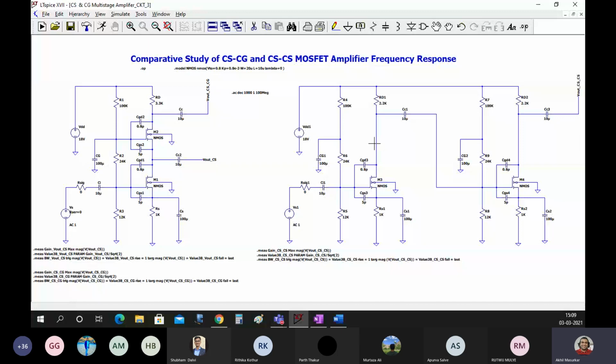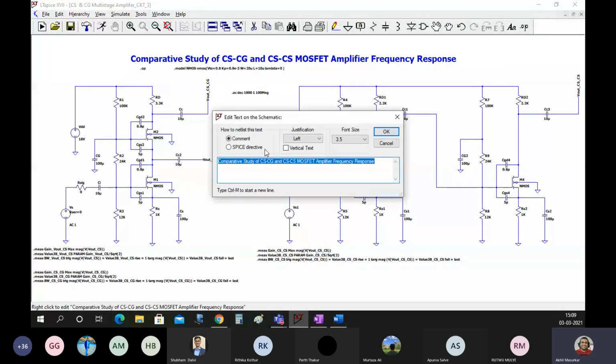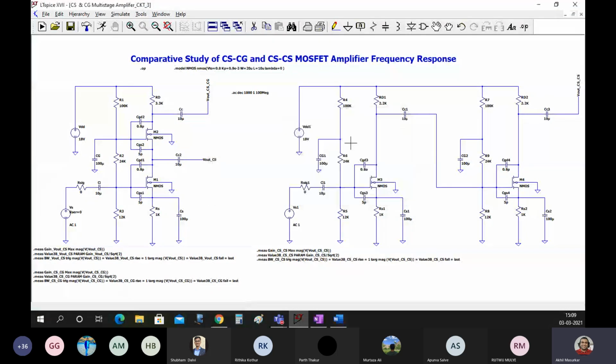So we have to match the gains of the CS-CG amplifier and the CS-CS amplifier, and because of that I have reduced the gain of each stage in the CS-CS such that the overall gain of CS-CS is equal to the overall gain of CS-CG. Now I am running this to tell you what I did.